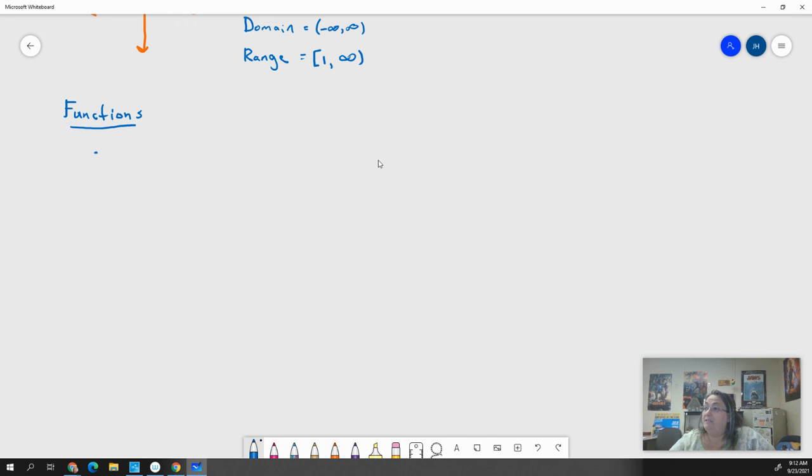One is, it is a relation where each input, which I like to think of as x, because usually we're on a Cartesian plane, so we're dealing with x and y. So where each input has one and only one output, which is our y.